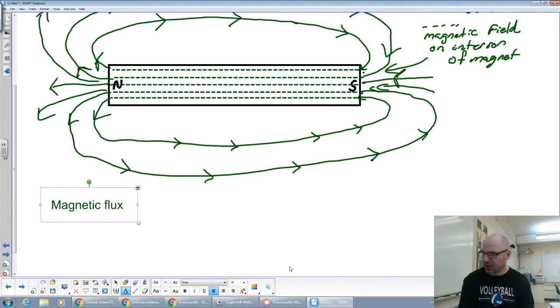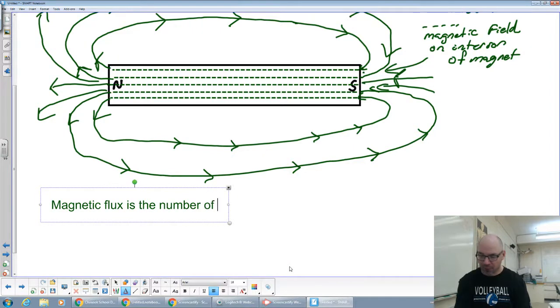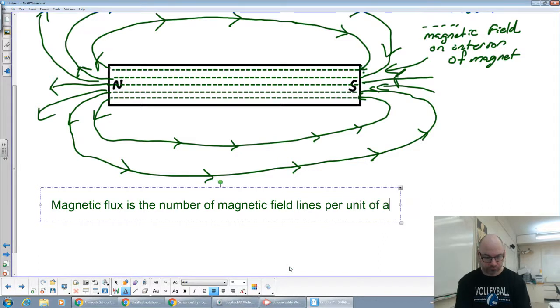And when we talk about magnetic flux, this is the number of magnetic field lines per unit of area in a magnetic field.